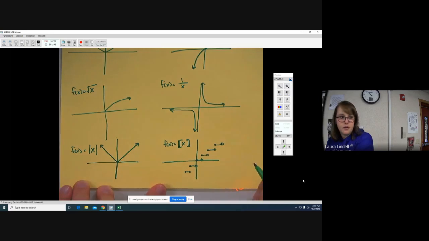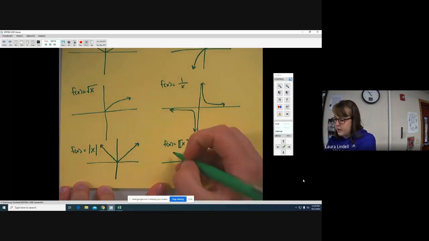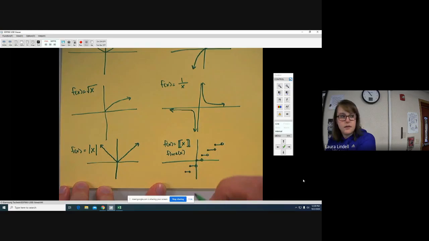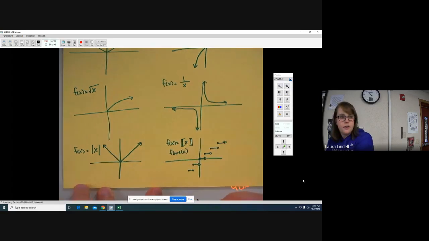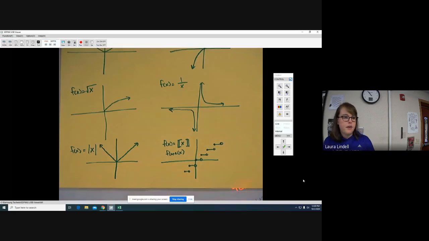All right, so there's our greatest integer function. If you're typing into Desmos, you would do floor of x. So that's what that one also could show up as. So those are our 8 parent functions we're going to be working with right now.